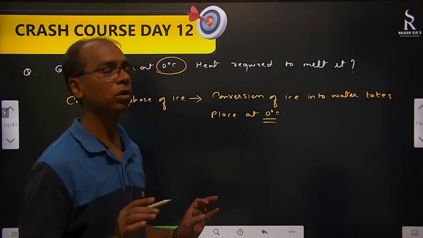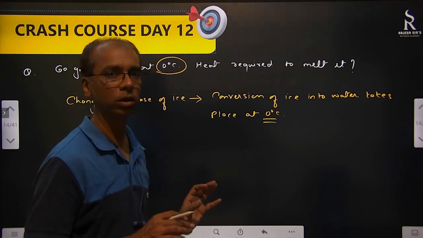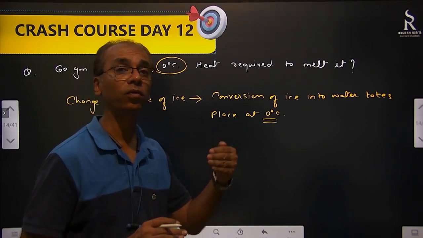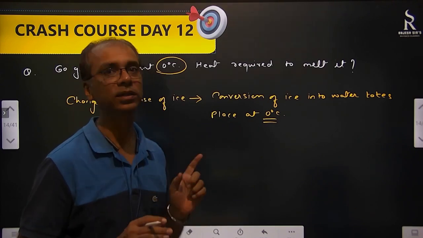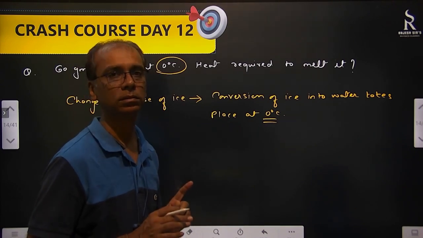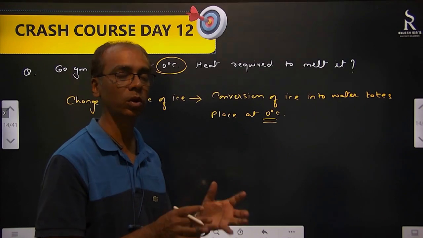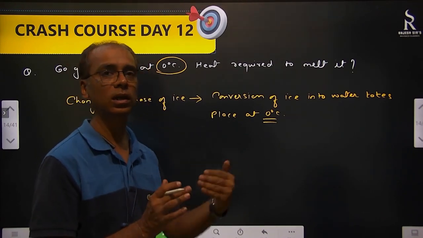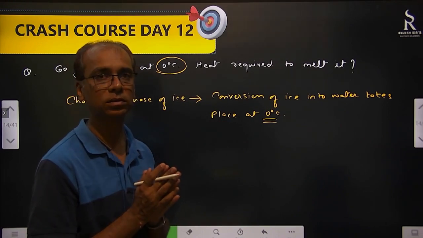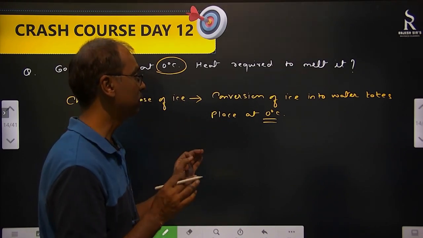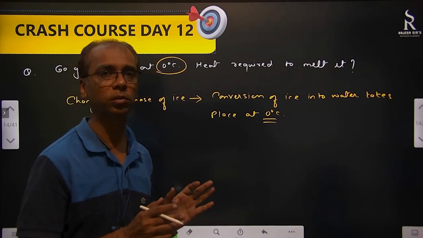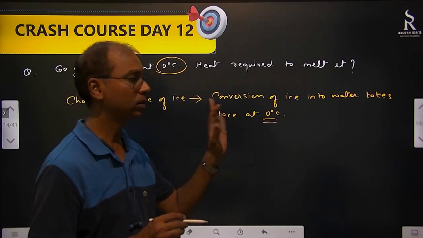It happens at 0. Once entire ice converts into water, and still if you are giving heat, then temperature of water is going to increase. Temperature of ice will never increase. First ice will convert into water. Entire water is there. You are still giving it heat, then temperature of water is going to increase. But change in phase, conversion of ice into water only takes place at 0 degree centigrade, constant temperature. Temperature will remain 0.